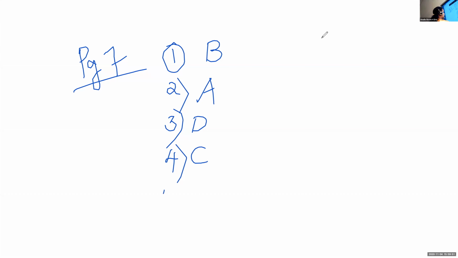Which is the next one? Question number 5. Richard, read. Which of the following is an equivalent fraction of 1 by 2? 2 by 4. Very good.